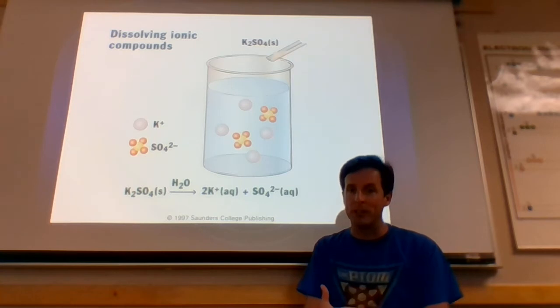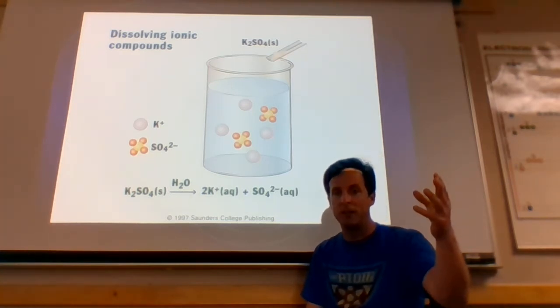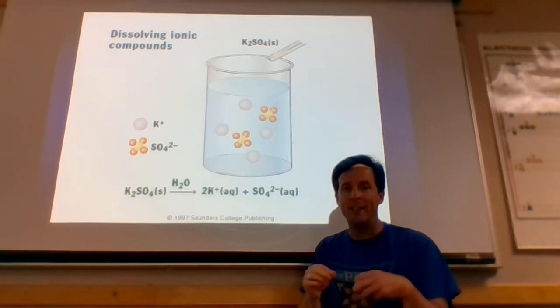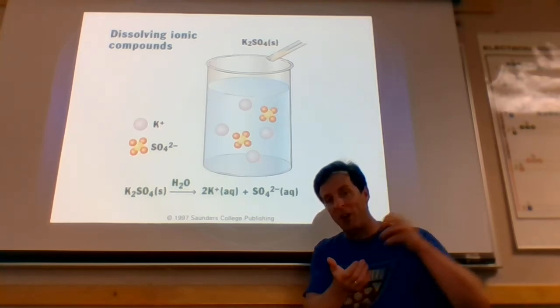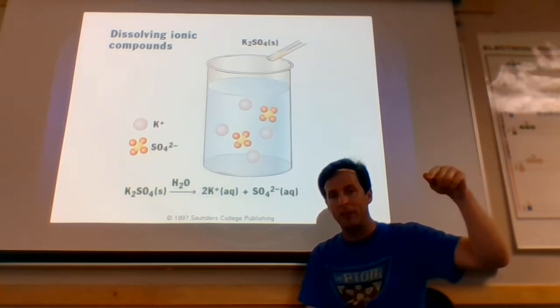Now, what we might notice here, number one, the potassium breaks off, but the sulfate stays a group. SO4, when it dissolves, that sulfate ion does get dissolved into the solution, but those atoms stay together. Okay?